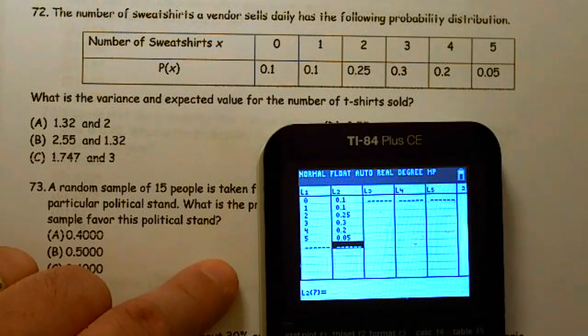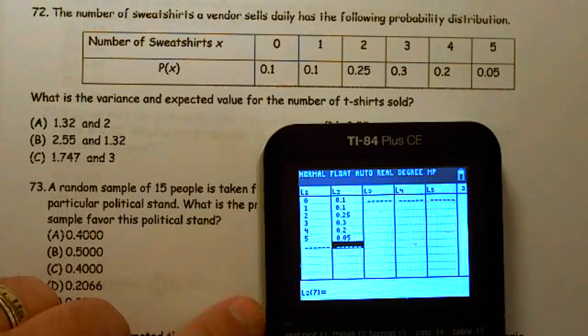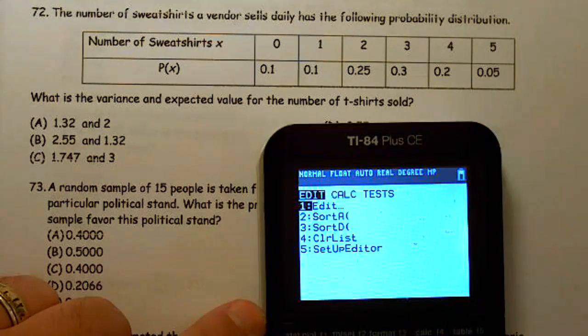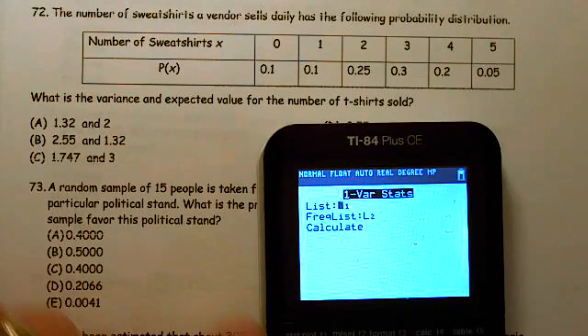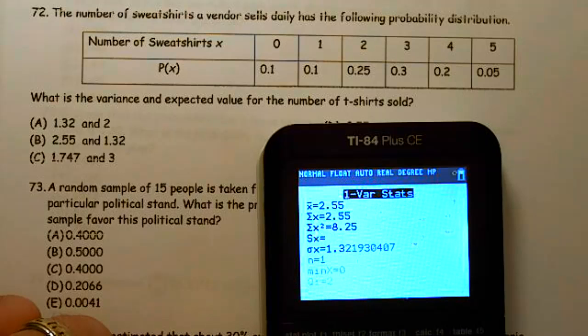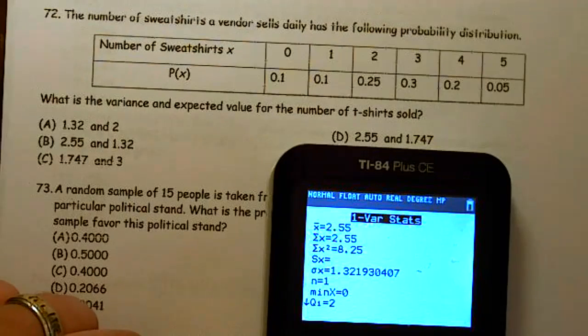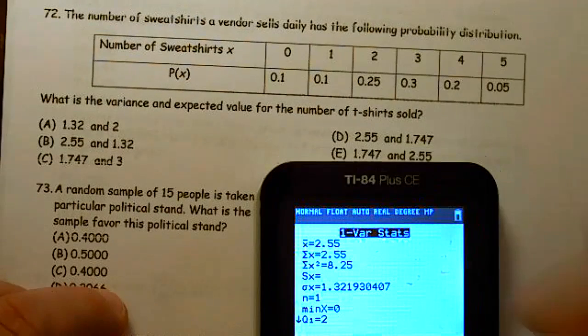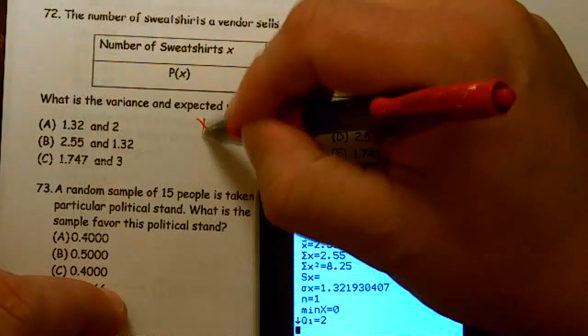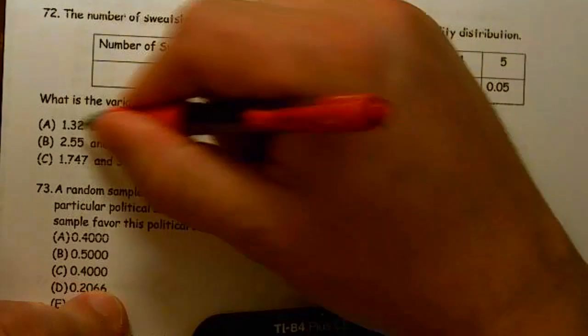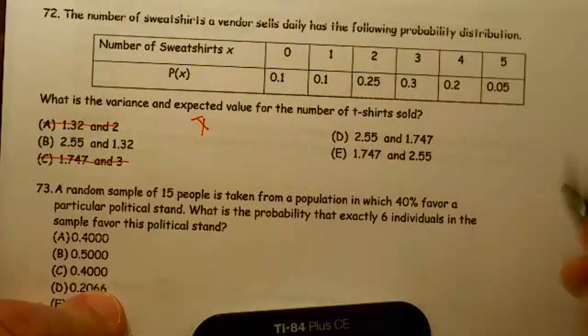You all probably did that faster than I did. Then Stat, Calc, One-Var Stats, second 1, second 2, and they asked for the expected value, which is our X bar. So let's check that out. So this is not a possibility. That's not a possibility.